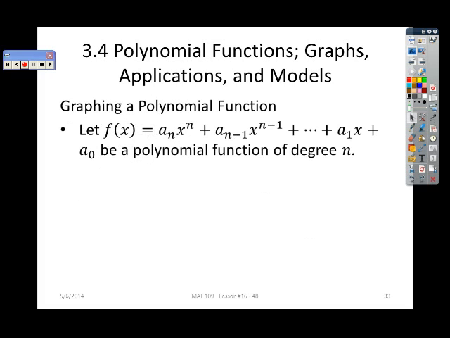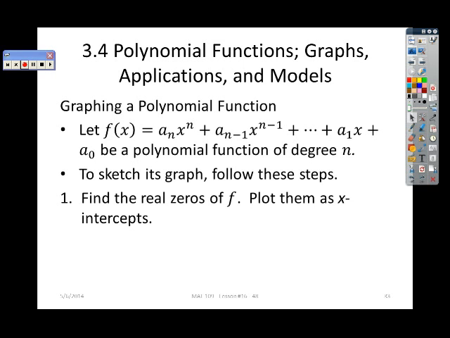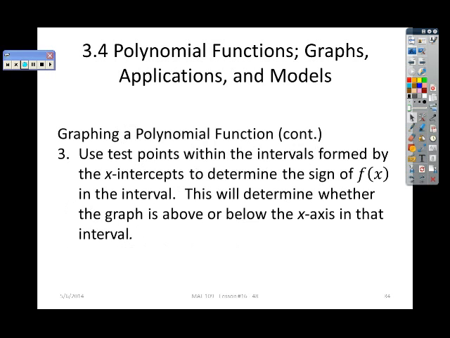So let's look at an example where we're going to actually sketch a graph using those types of things. Find the zeros. That'll give you the x-intercepts. So that gives you some points on the graph. Starts anchoring that down. Find the y-intercept. Plot that. That's also an anchor point. Then in between the x-intercepts, pick points. You pick one point about in the middle between the x-intercepts.